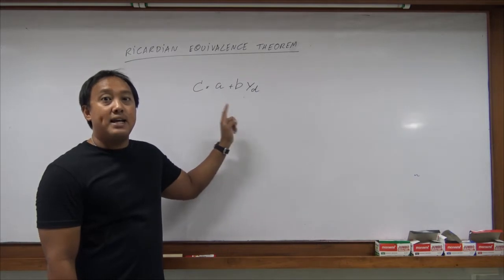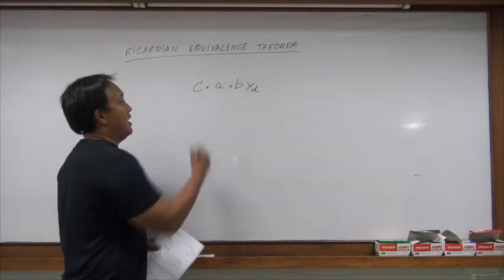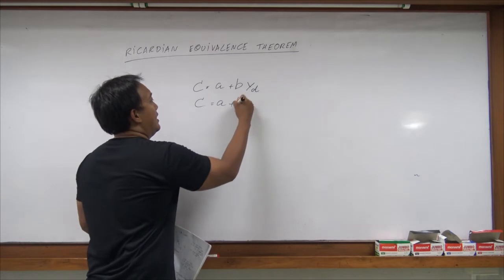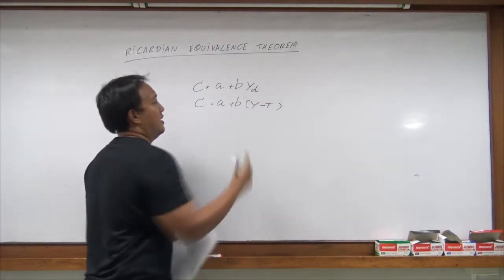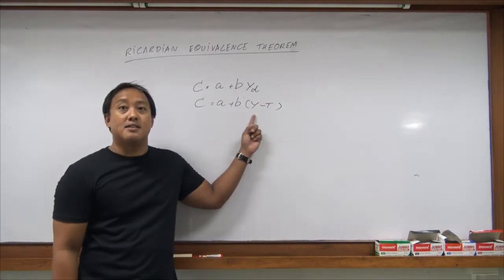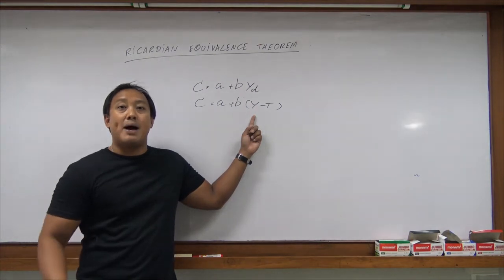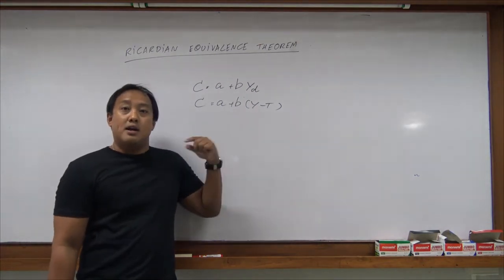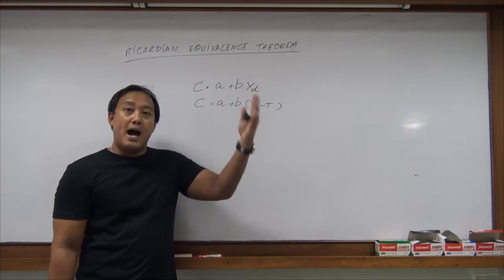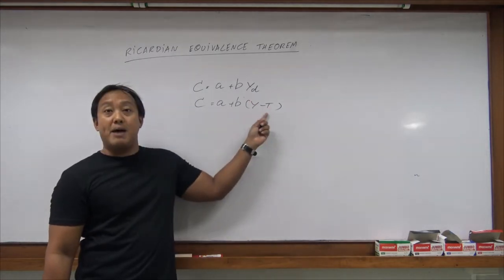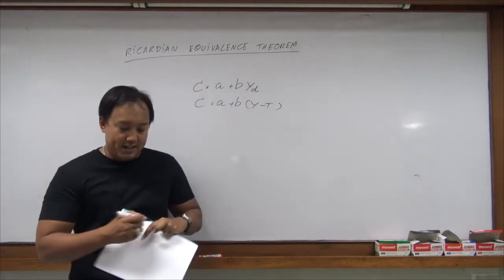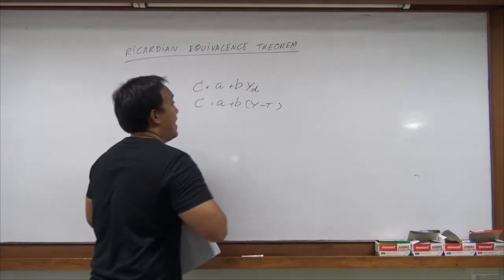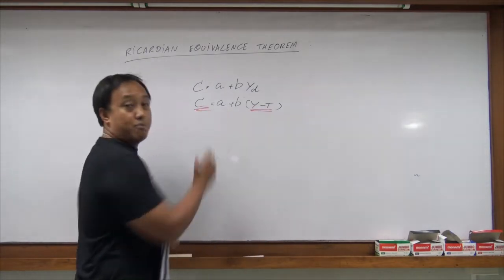Normally, YD is Y minus T, income after tax. So by the theory in macro 1, whether the consumption of the people is high or low depends on income after tax.